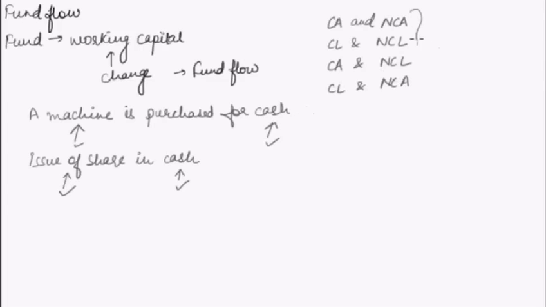So in all of these four cases there would be a flow of fund. And if there would be a transaction between current asset and current liability, or non-current asset and non-current liability, there would be no flow of fund.